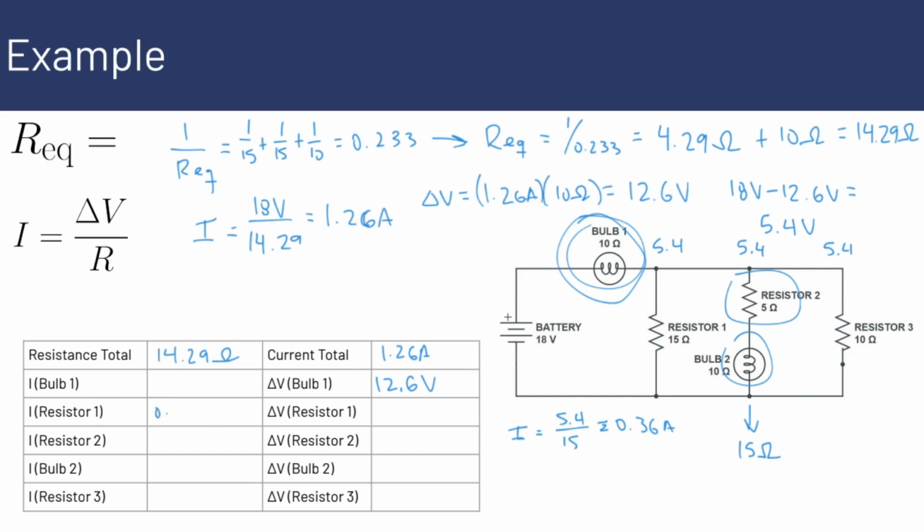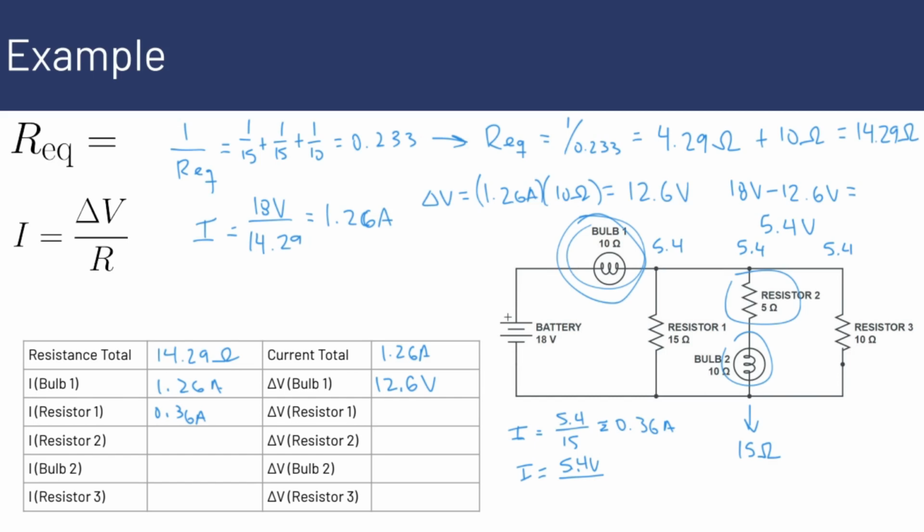So that's 0.36 amps. The current at bulb 1 is the current for the entire circuit. So that's 1.26 amps. All right, now we'll calculate the current for the second branch. The second branch has the same voltage, 5.4 volts, and it has a combined resistance of 15 ohms.